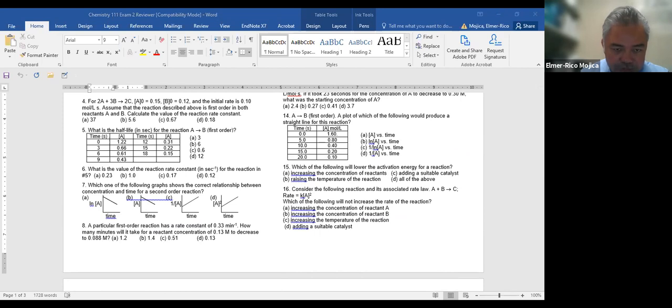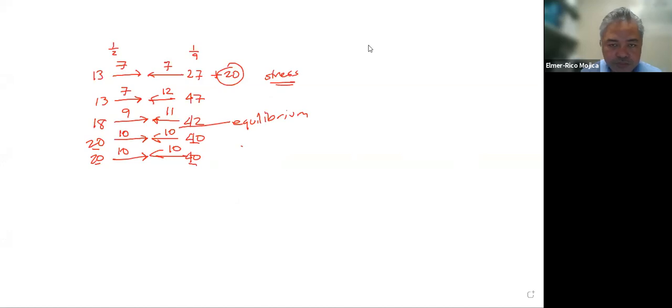I'm going to look at the whiteboard. So this is a first order. That means ln of A_t over A initial equals negative kt. So the one that you want here is this one.